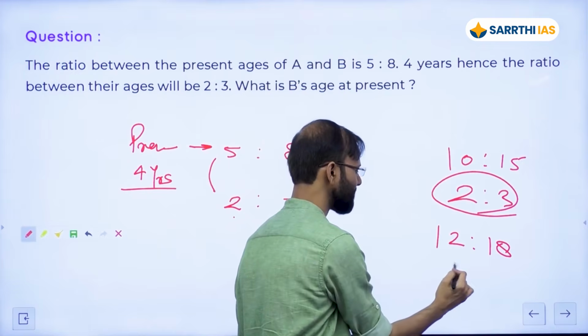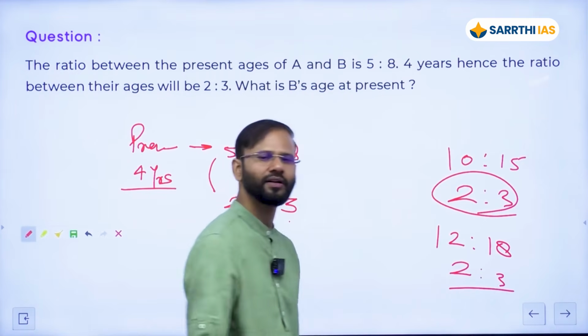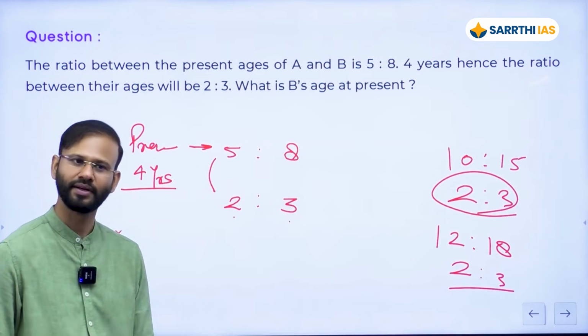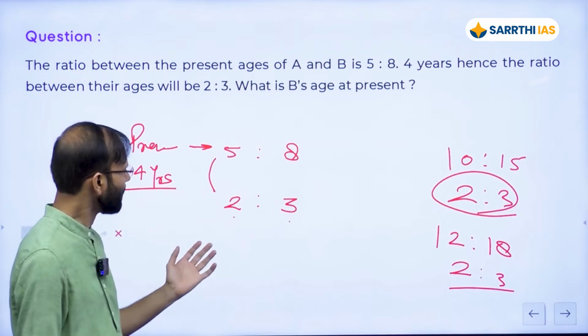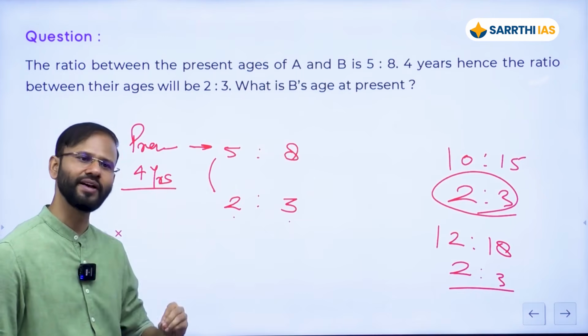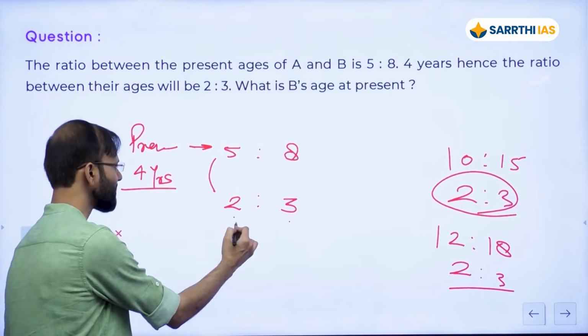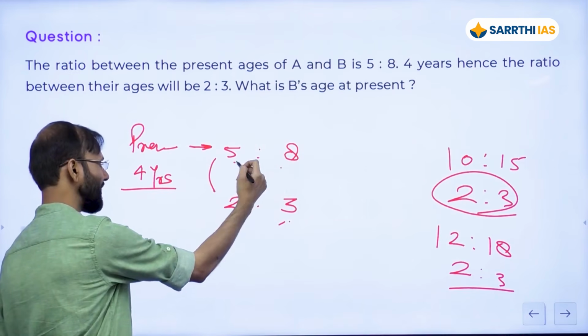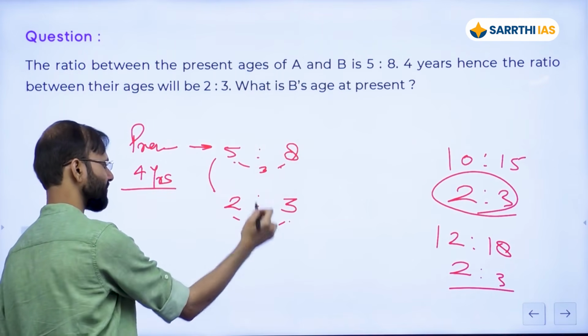Guys, getting it? What I'm trying to say? So this is not actual 2:3. This is the simplified version of something. Correct, everybody? Now, to find the actual value, what we have to do is we just need to multiply the difference of this to both the terms and difference of this to both the terms.